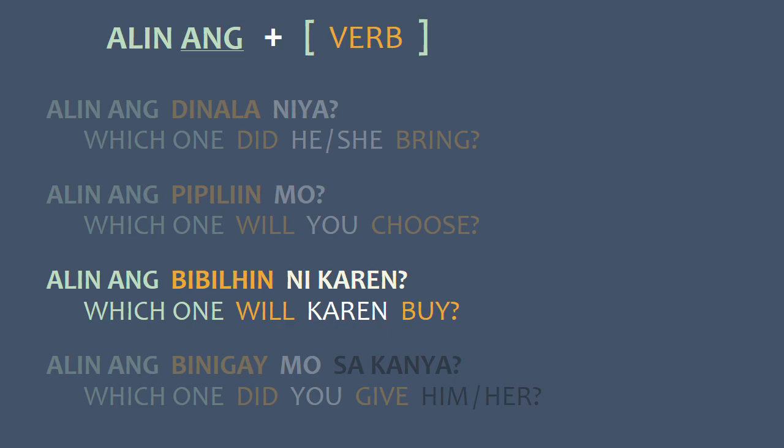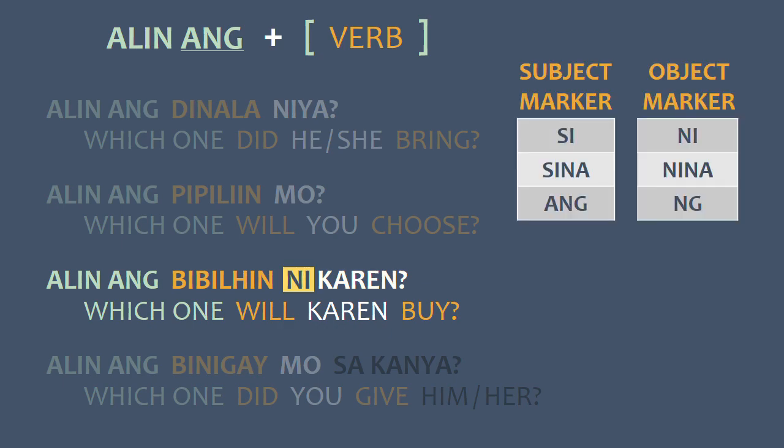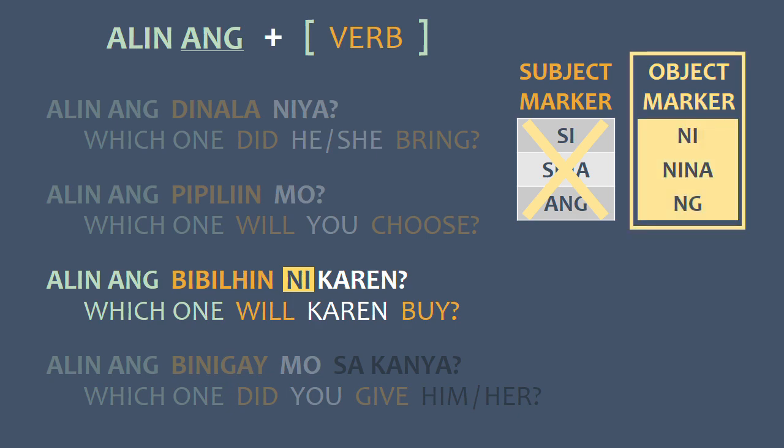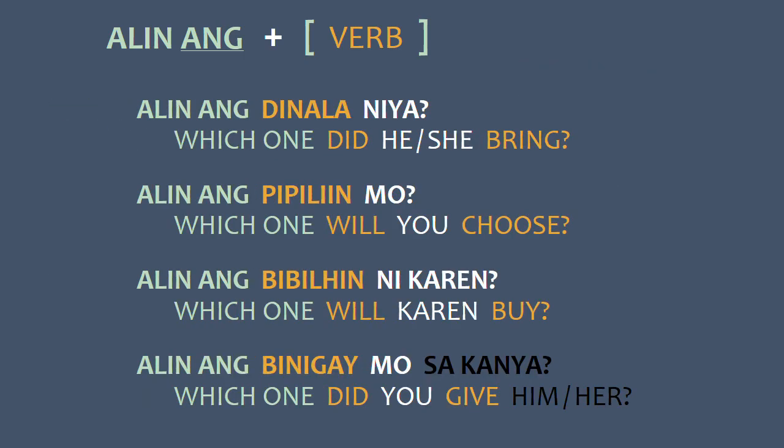And for this one, we didn't use the subject marker si. Instead, we use an object marker, ni. By the way, if you're not quite familiar with all this, actor-focused verbs and object-focused verbs, I recommend that you watch my videos about the topic. I will place the link at the upper right corner of this video.